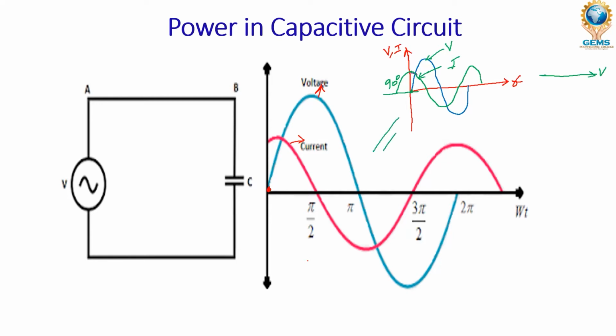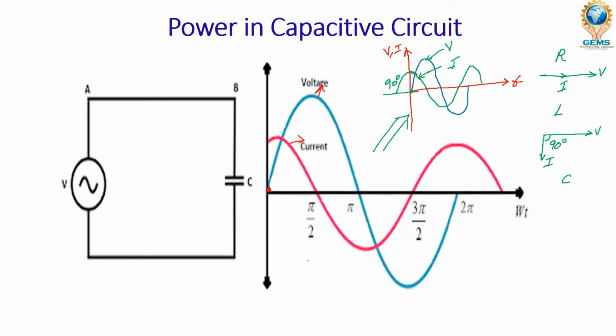This one is here. In resistor, voltage is like this and current is like here. In case of inductor, voltage is here and current is lagging by 90 degrees.